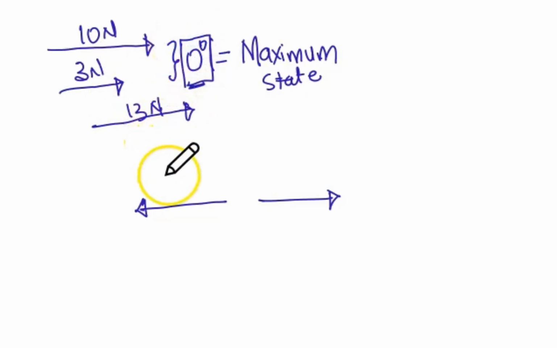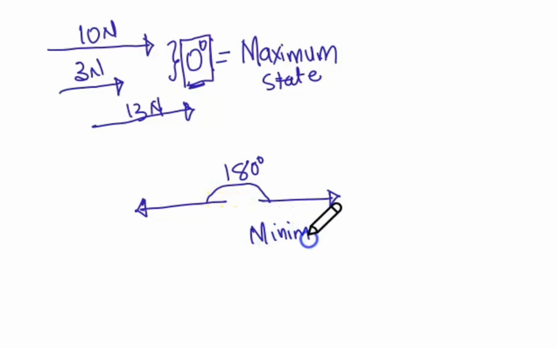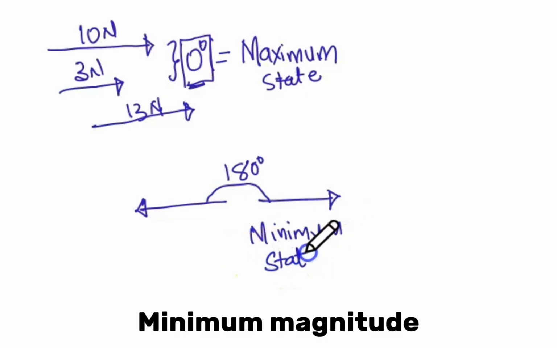Now, when we have two parallel vectors acting in opposite direction, the angle between them, first of all, is 180 degrees, and they exhibit their lowest or minimum state. So they exhibit something lower than what their sum should give us.